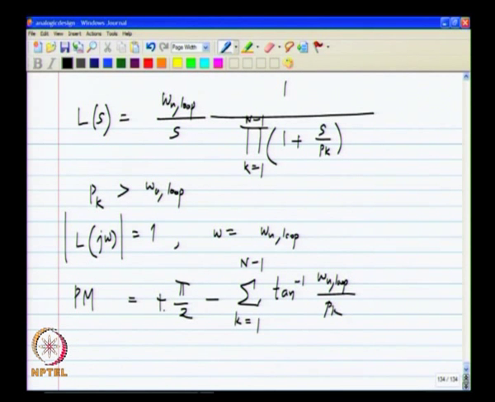Okay. And let us say we want this to be 76 degrees, and this means that this entire sum has to be about 14 degrees. Okay. So, this is one way to think about it.